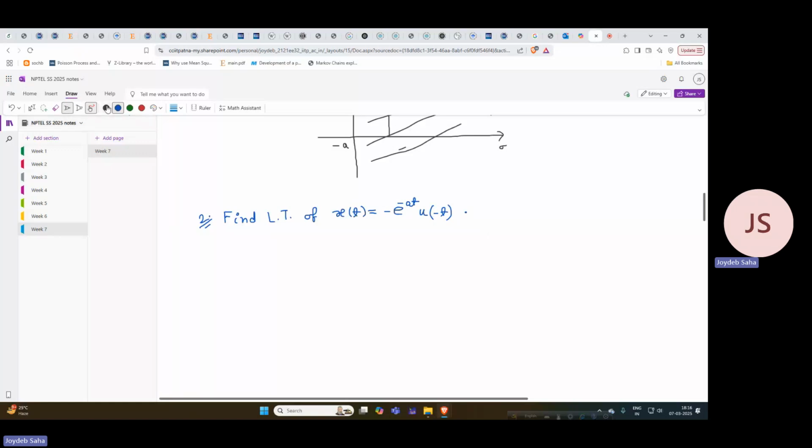This is our question. So you people please take 1 or 2 minutes and try to solve this. If you cannot solve, I will solve it for you, and if you can solve, just match the answer with my answer. Okay, you take 1 or 2 minutes.